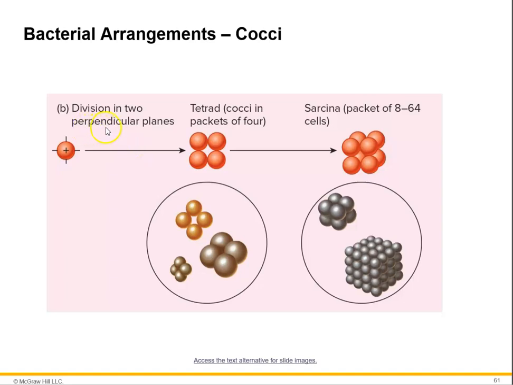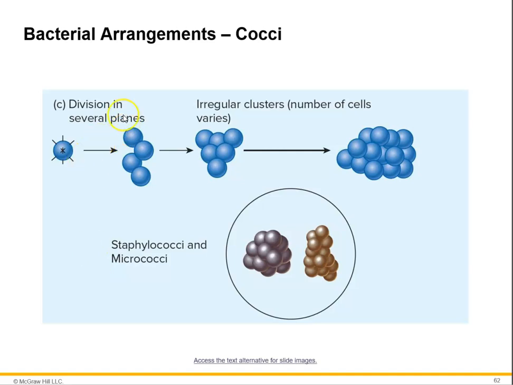Now, if the cell divides in 2 perpendicular planes, that's how you're going to get a tetrad or a sarcina, okay? And a sarcina is essentially just a cubic arrangement. Division in several planes is going to result in irregular clusters, okay? So that's where you're going to see Staphylococcus.